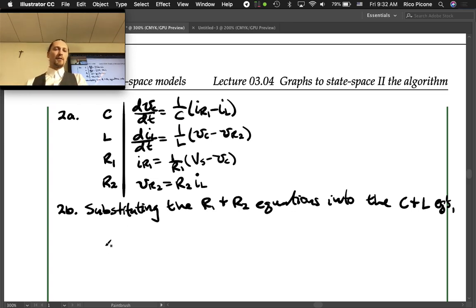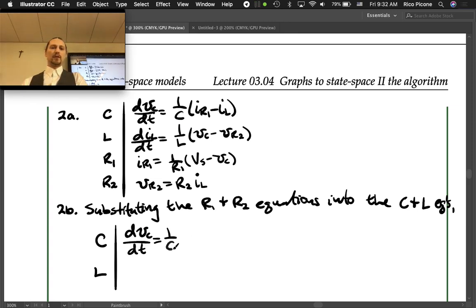I'll rewrite C and L. We have dVc dt equals 1 over C. Instead of IR1, we're going to say 1 over R1 times Vs minus Vc.